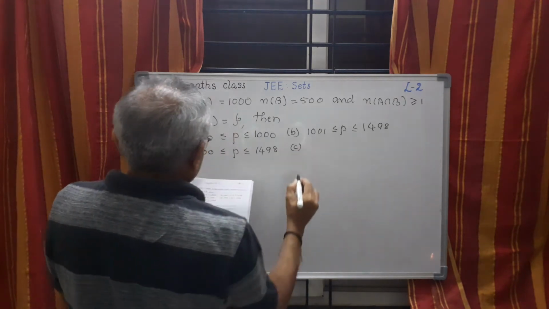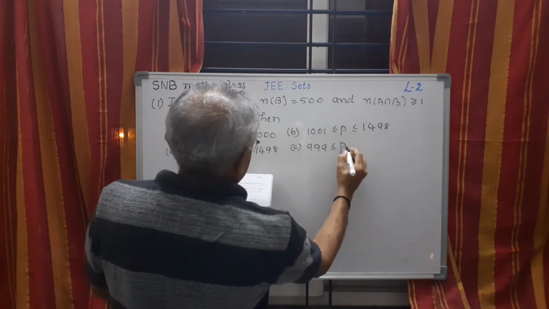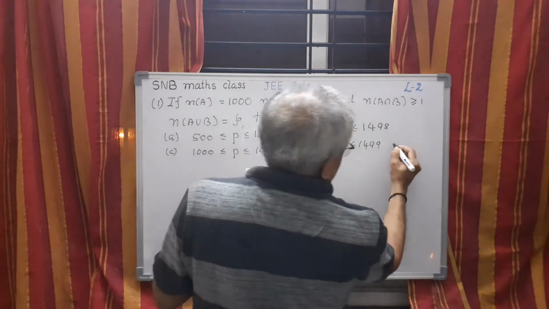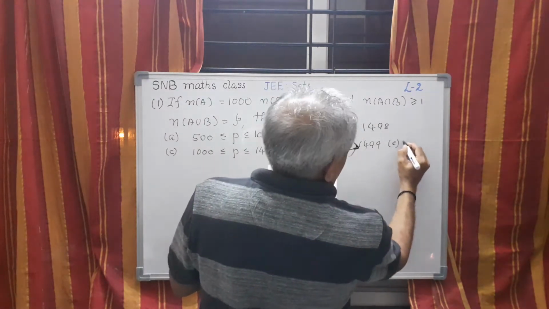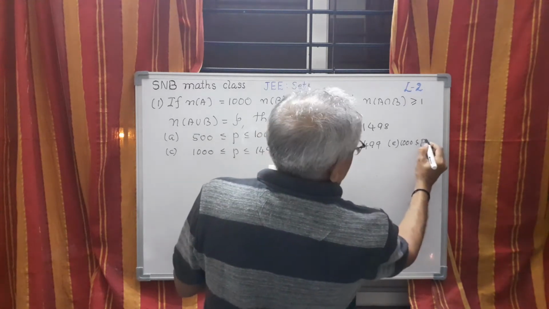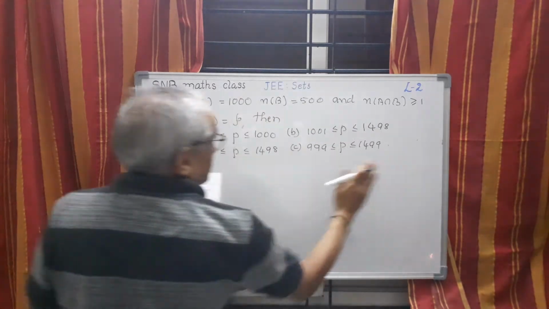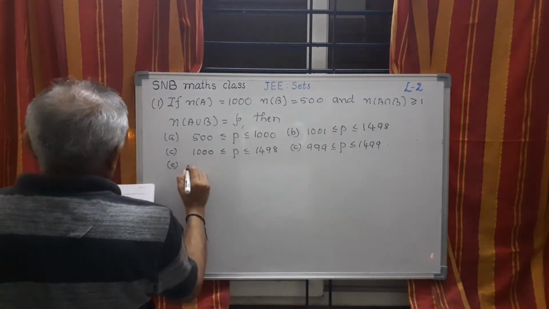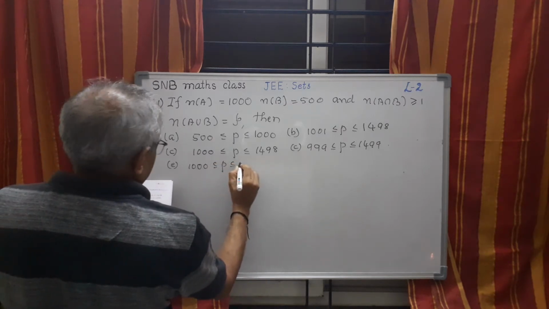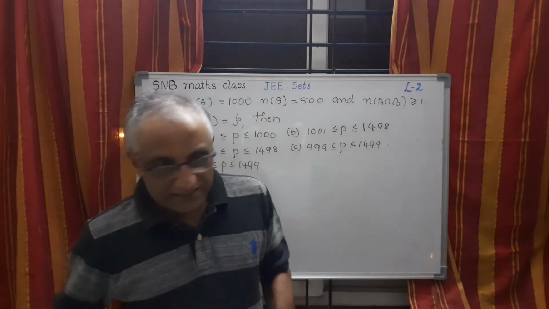D, 999 less than P less than 1499. And the last option, E, 1000 less than or equal to P less than 1499. So these are the options given.